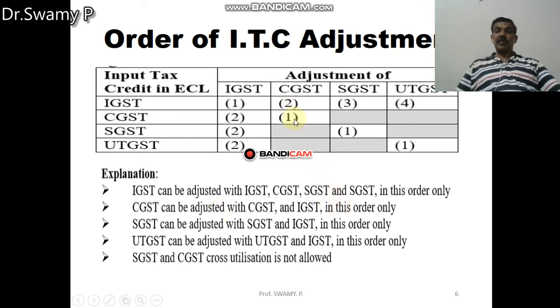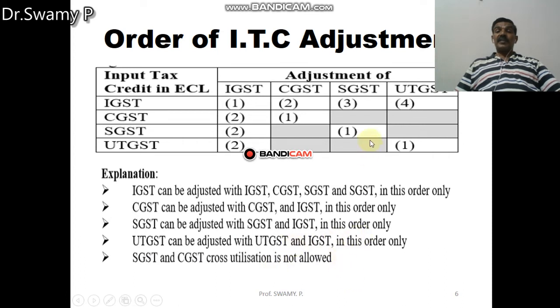That is why numbers are given there. In case there is an input tax of SGST, that can be adjusted first against SGST and then against IGST, but not against CGST. This is the same in case of UTGST also. UTGST can be adjusted first with UTGST and then IGST.